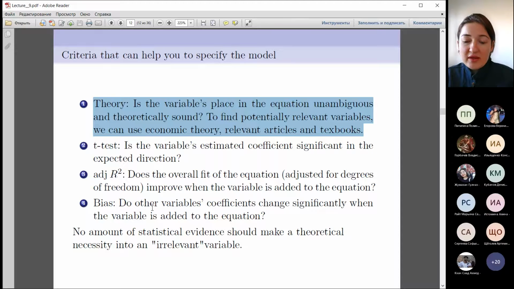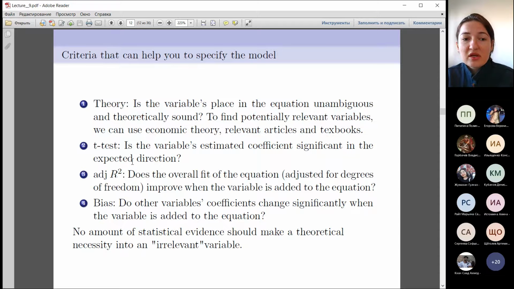And you should also remember that whenever our four specification criteria disagree, the researcher and the econometrician must use very careful judgment and should not rely on a single criterion, like just adjusted R-squared, or just the significance of the t-statistic in the regression output. No amount of statistical evidence should make a theoretical necessity into an irrelevant variable.